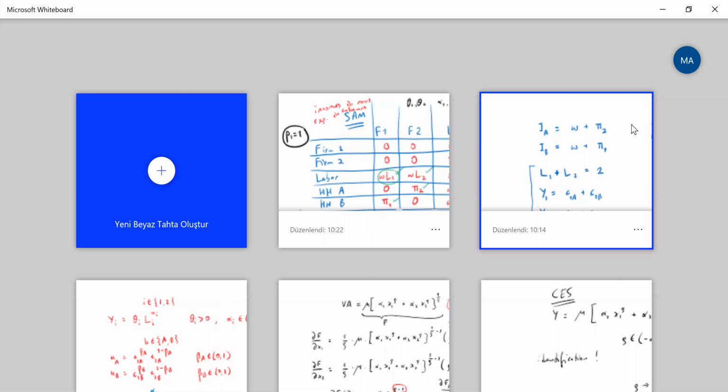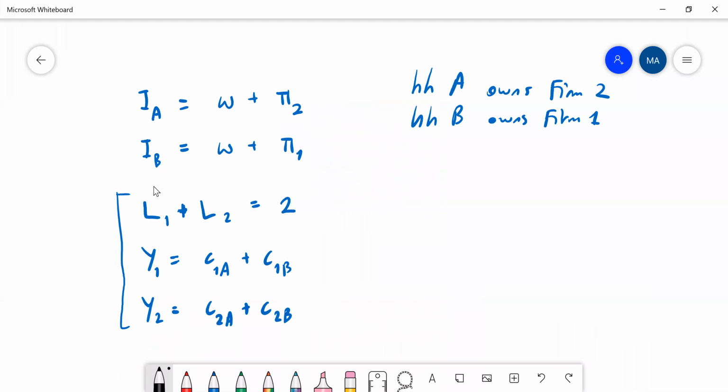So here is the market clearing condition, right? Firm 1 and firm 2, in total, this is the total market demand for labor hours, and this is the total supply, because we have 2 workers. Okay. Right? I got it.